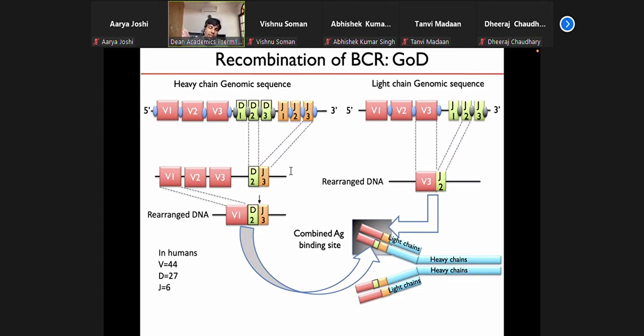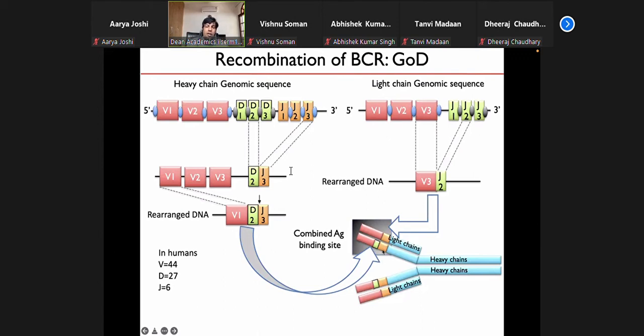These are segments of DNA undergoing the process of recombination. You already have rearranged VDJ for the variable region of your heavy chain, which eventually will be transcribed and translated into the product that gives rise to the variable region of the heavy chain.